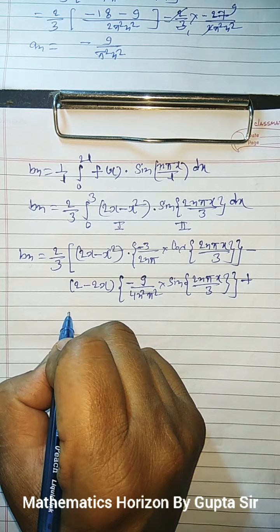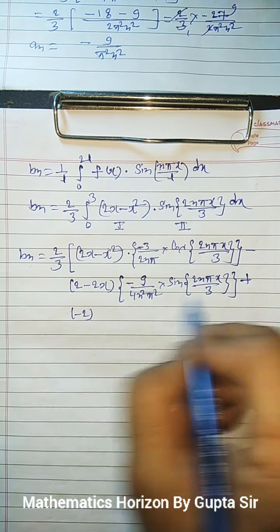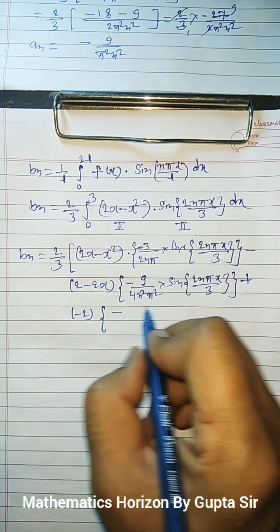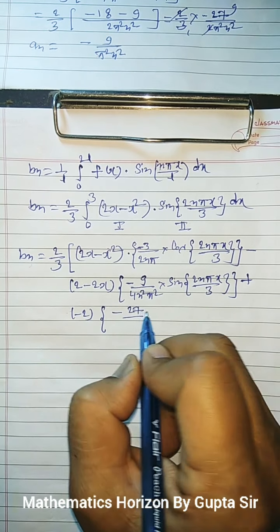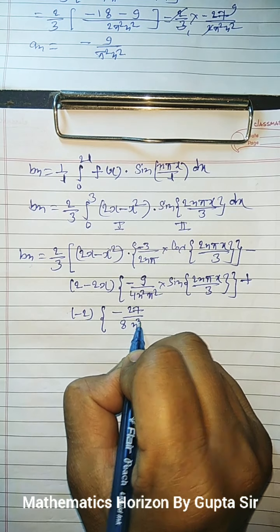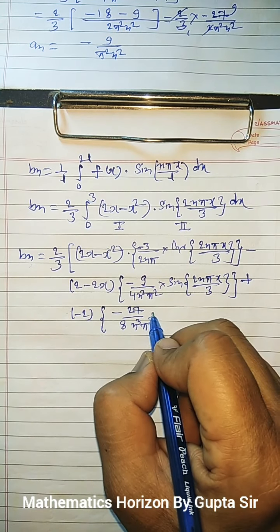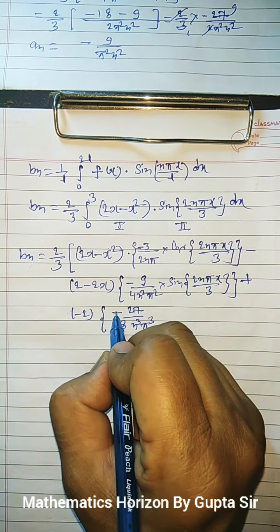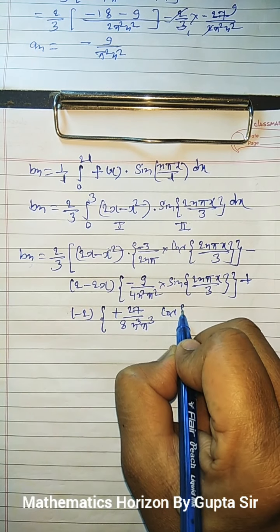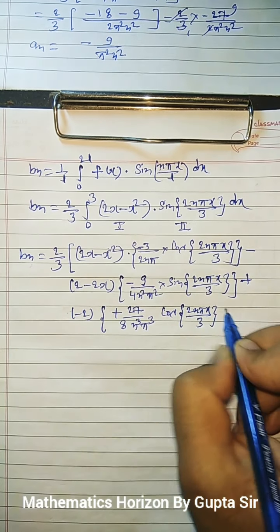Differentiation of this term is minus 2. Okay, and integration of this term means minus 27 upon 8 n cube pi cube, and integration of this sine is minus cosine, so this minus will be plus sign, and here we have cos 2n pi x upon 3.